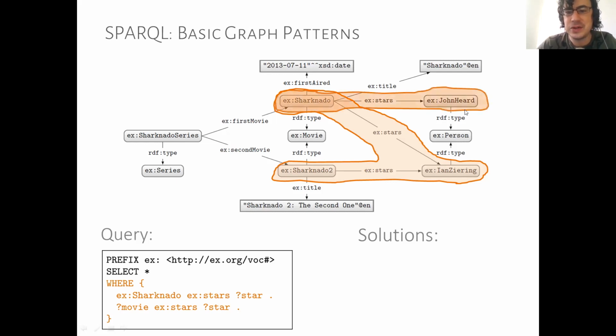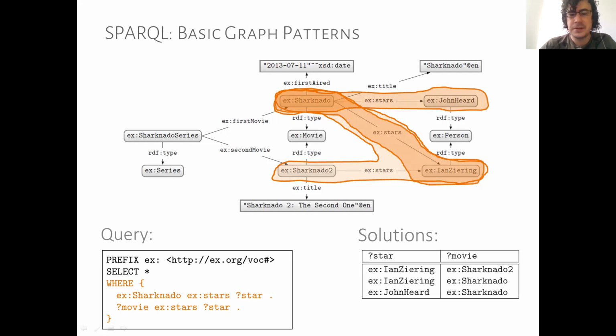We also get a solution for John Hurt in the same way. If we map movie to Sharknado again, and star to John Hurt, everything fits in the graph. So we get these results here: Ian Ziering Sharknado 2, Ian Ziering Sharknado, John Hurt Sharknado.